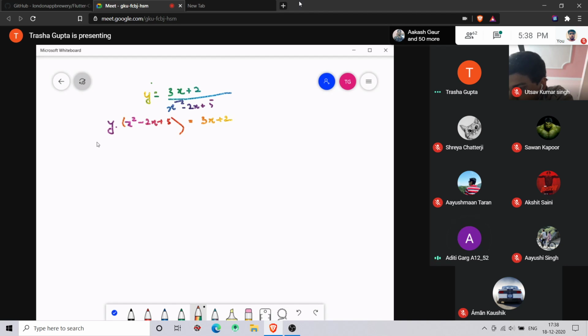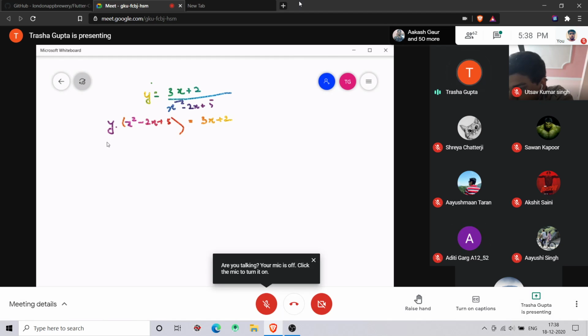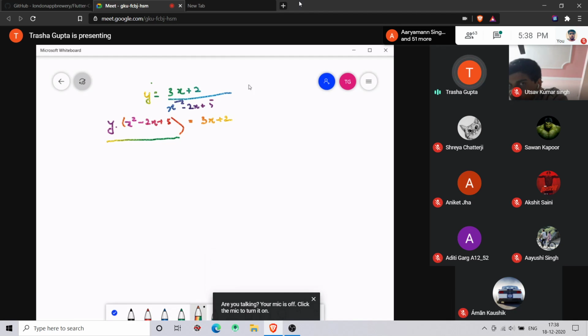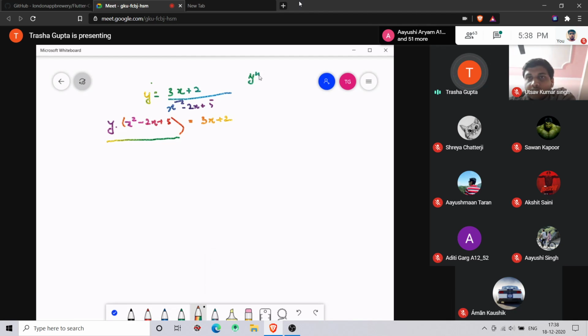Now we define the nth derivative on both the sides. What do I have to find out? I have to find out yn. So if I define the nth derivative of this function, what is it equal to?